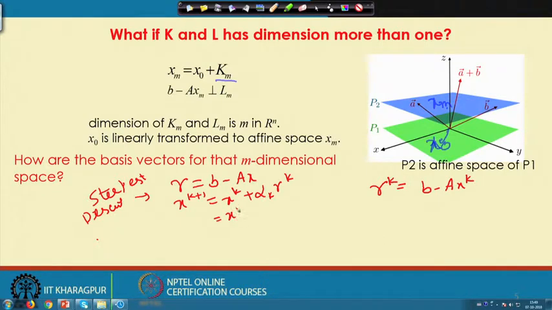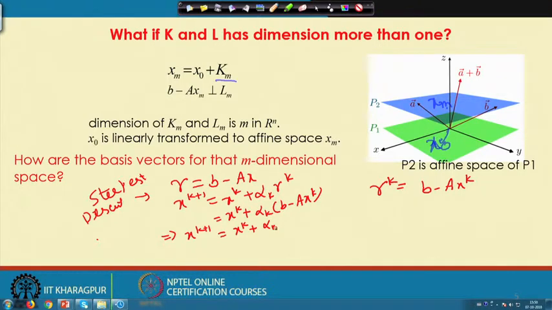So, I can write x_{k+1} is equal to x_k plus alpha_k (b minus A x_k), that will give me x_{k+1} is equal to x_k plus alpha_k, and I will not put anything here.